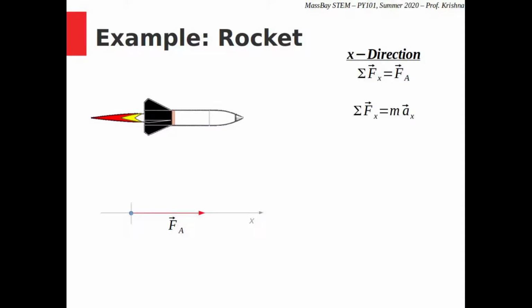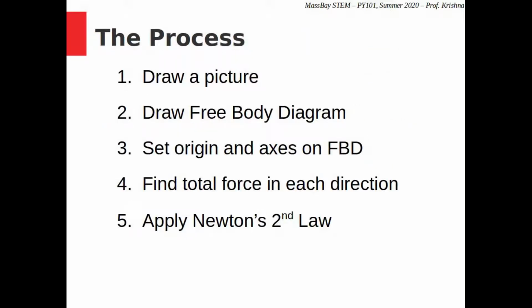But now, look at Newton's second law. Total force equals mass times acceleration. So we can substitute the applied force in to get applied force equals mass times acceleration. Step 5 is to set the total force from step 4 equal to mass times acceleration. Step 6 is to substitute all the known information into the equation from step 5.